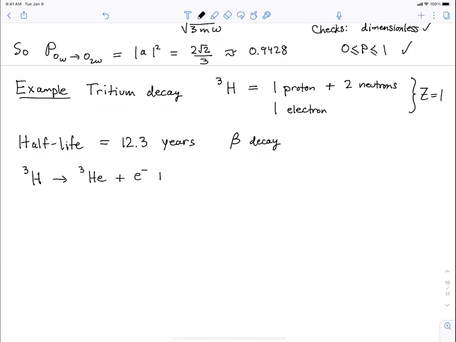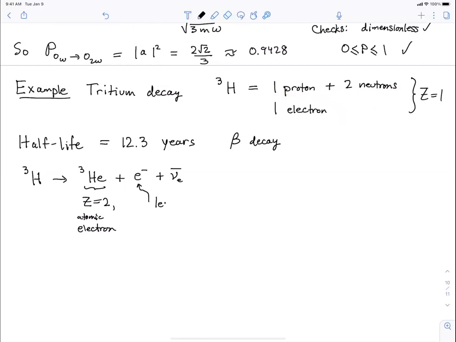And then there's another particle that's emitted called an antineutrino, like that. And so we're decaying to an atom that has Z equals 2 plus 1 atomic electron. That atomic electron is this electron that was there originally. And then we're getting a beta decay electron here, so another electron.